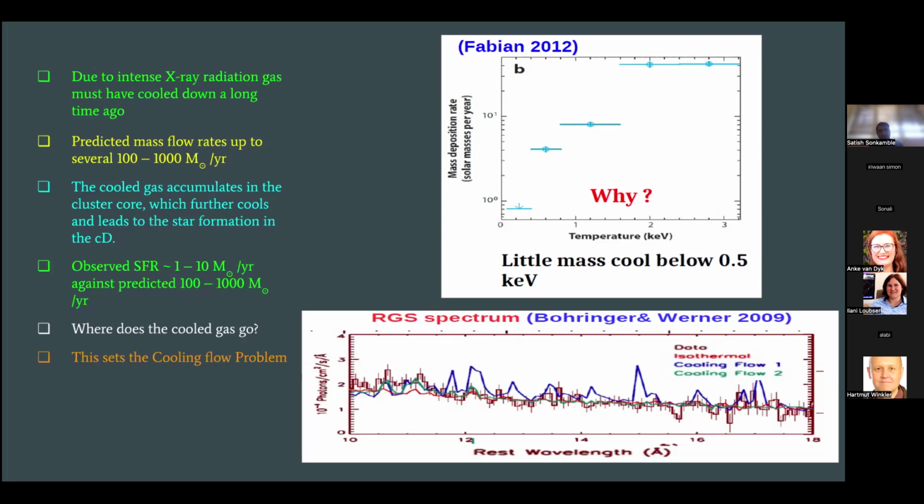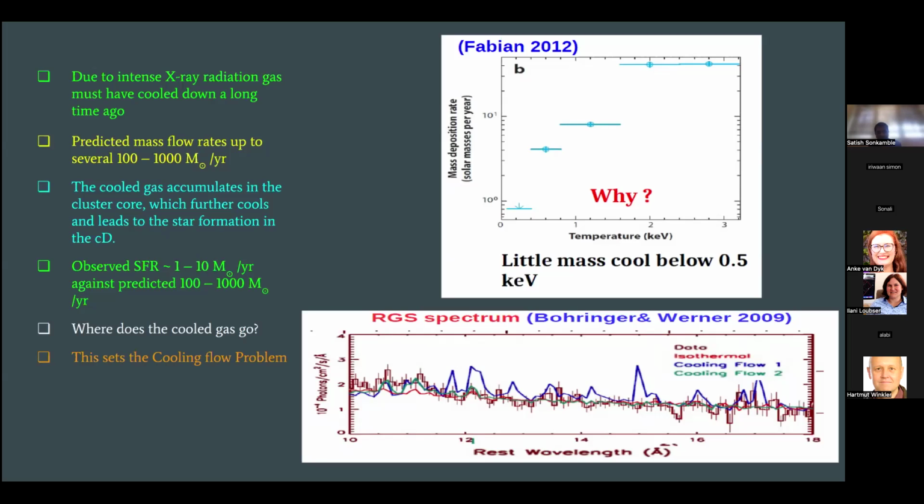So the problem arises: where does this cool gas go? This is the cooling flow problem. If you look at the mass deposition rate below about 0.5 keV, it is very, very low.